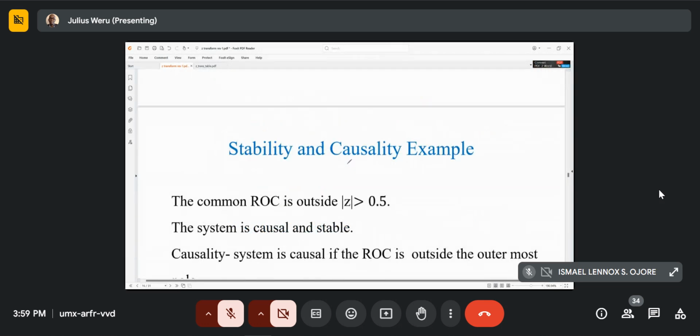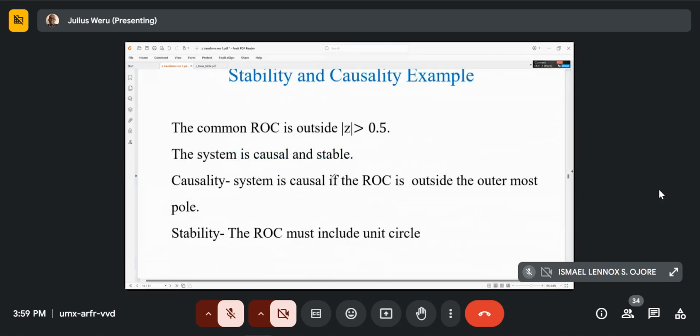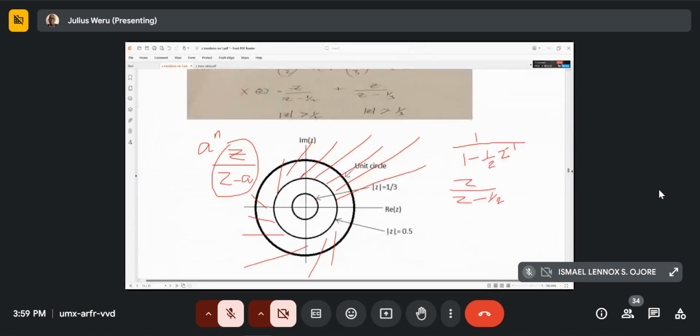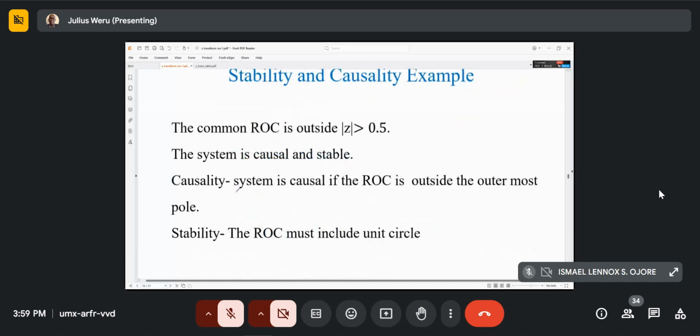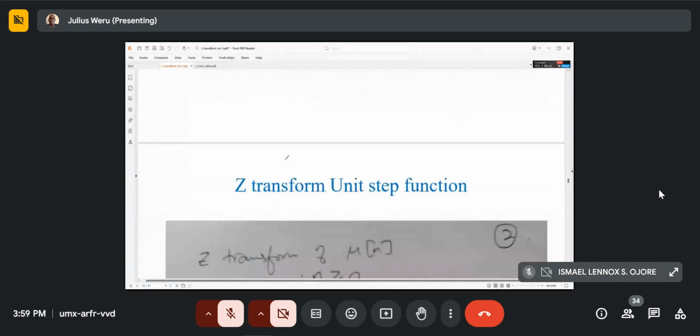The common ROC is outside 0.5. So the system is causal and stable, and these are the conditions for causal and stable.